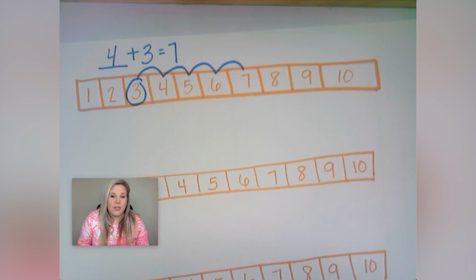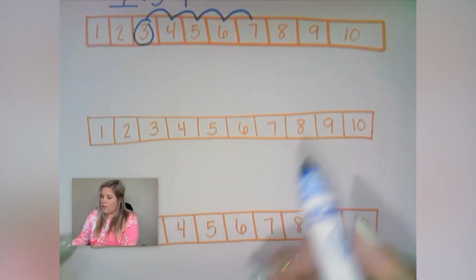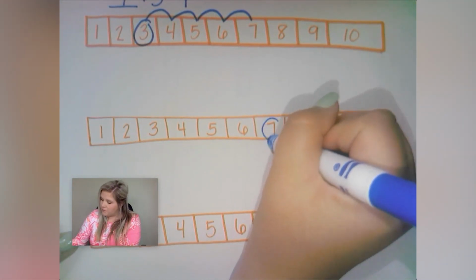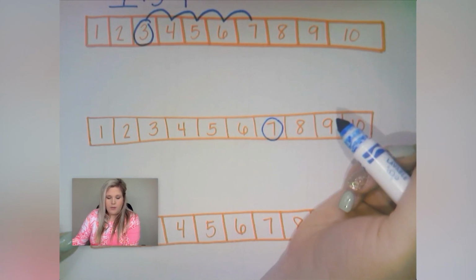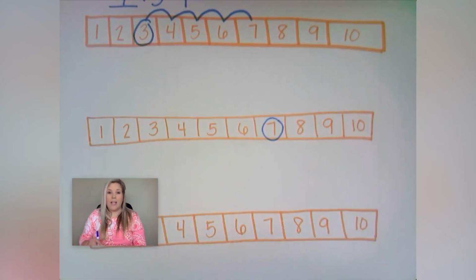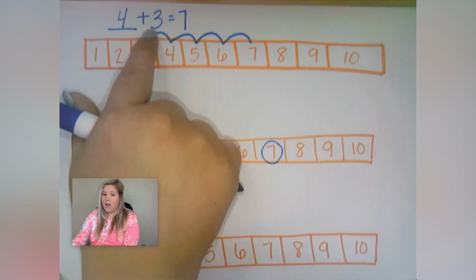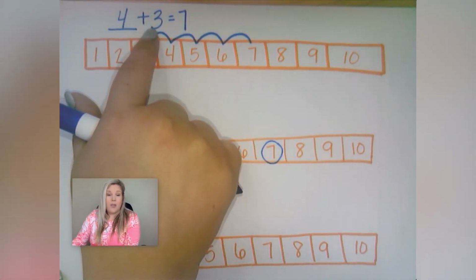We're going to start at the number 7. So once you circle the number 7, let's count back 3 hops because we know that we had 3.